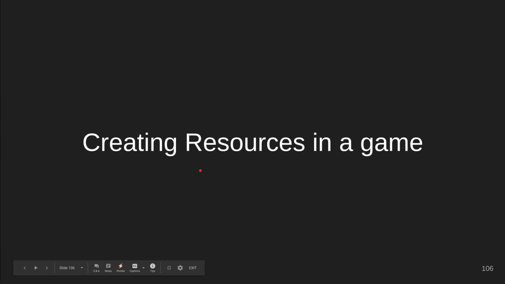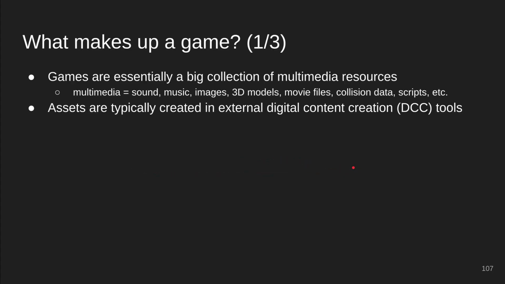And I want to talk about the next topic that has to do with a lot of the things we're talking about with our engine support systems, but just creating resources in a game. Okay, so I've talked about some of these systems that are going to support it, and starting to remember some of these ideas about memory and how we allocate data and so on. But we want to think about what resources make up a game, right? And they're essentially the multimedia resources, right?